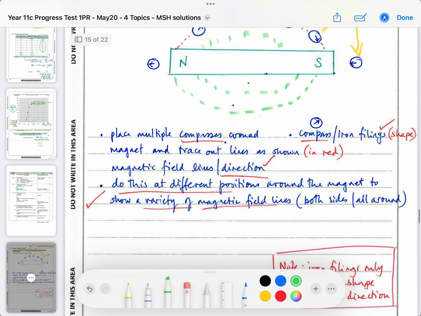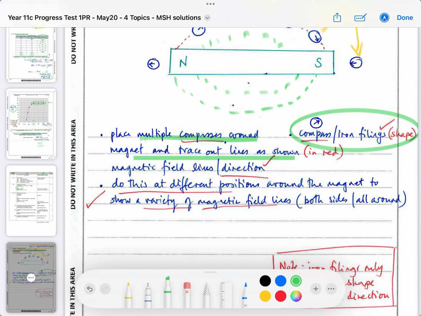Okay, so I've placed multiple compasses around the bar magnet. Here, as long as you've got iron filings or compass, you'll get 1 mark. And then you should trace out the lines as shown in red in my diagram.